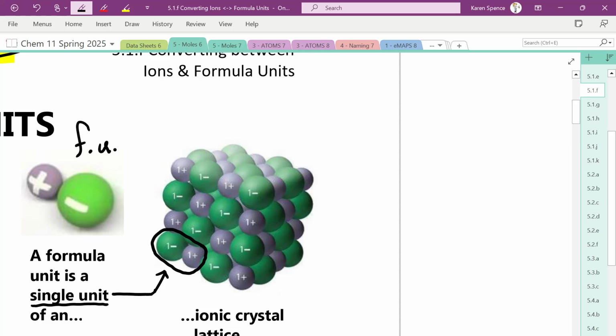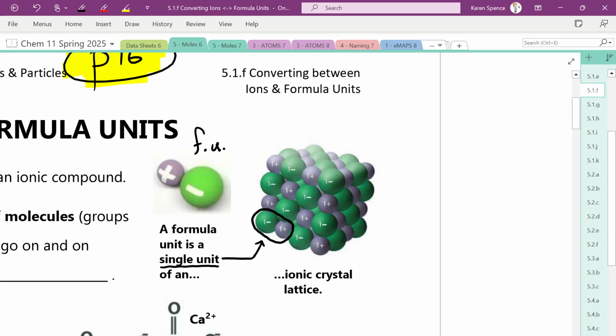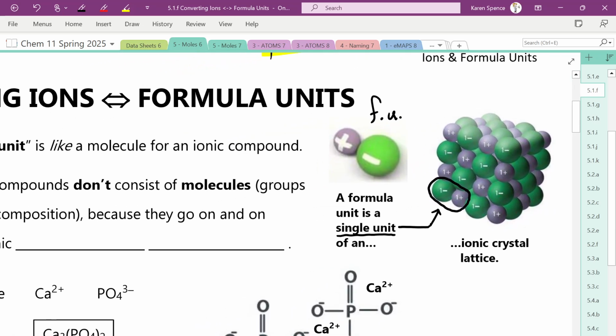And if you want to abbreviate it, you can abbreviate it like that. I won't say it because it's a little rude, but that's how it abbreviates. It's either that or write it out every time. So it's like a molecule, but it's for an ionic compound.